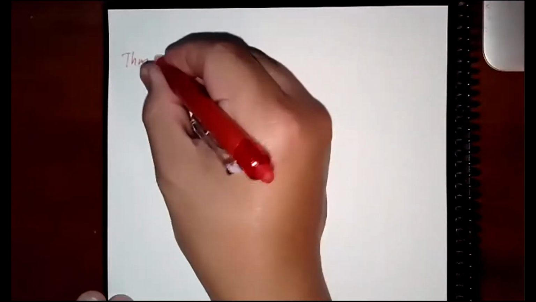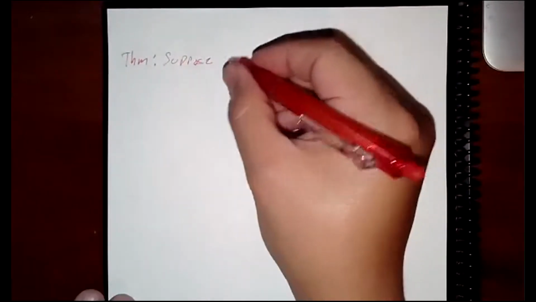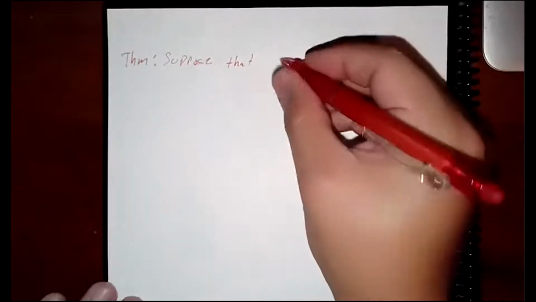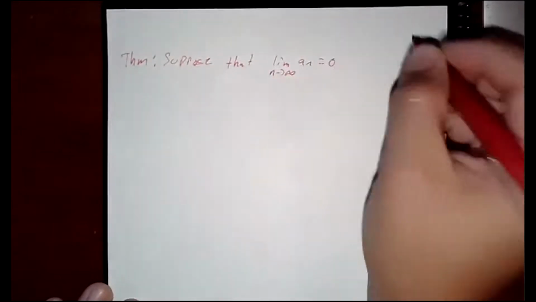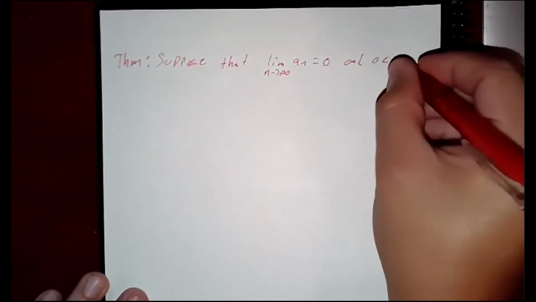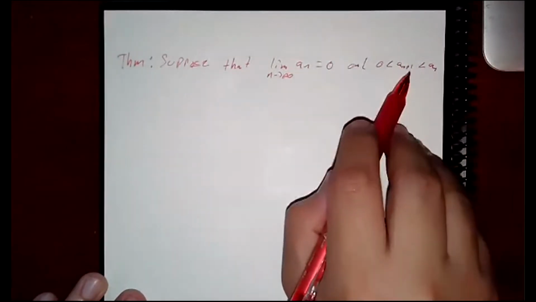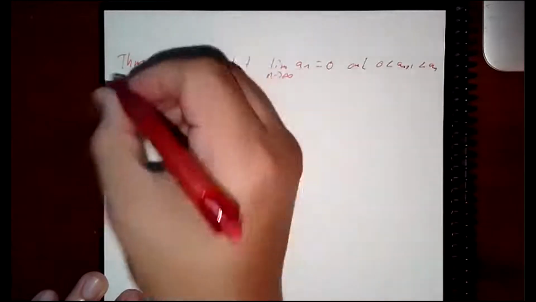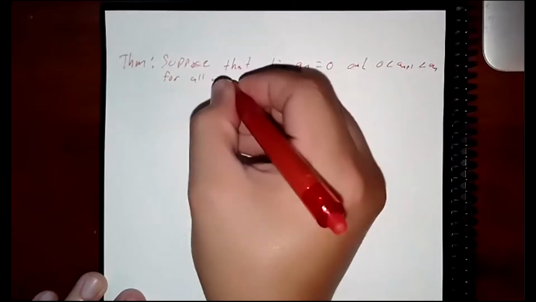The theorem: suppose that the limit of a sub n is equal to 0 as n goes to infinity, and 0 is less than a sub n plus 1, which is less than a sub n. In other words, they mean that a sub n is decreasing, right? For all n greater than or equal to 1.